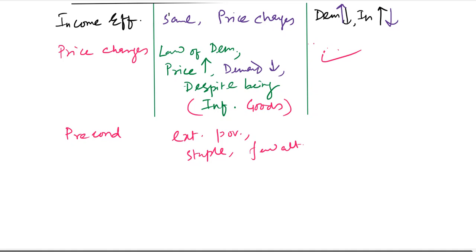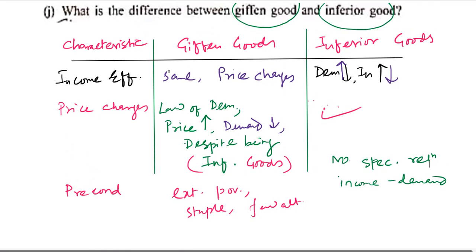For inferior goods, there are no specific preconditions beyond the relationship between income and demand. So that's all about that.